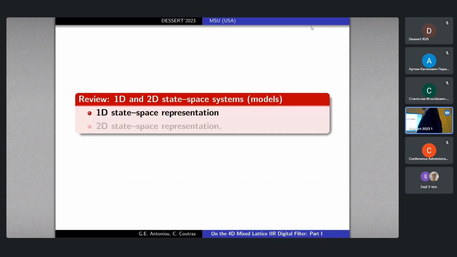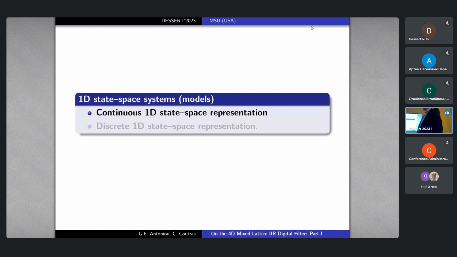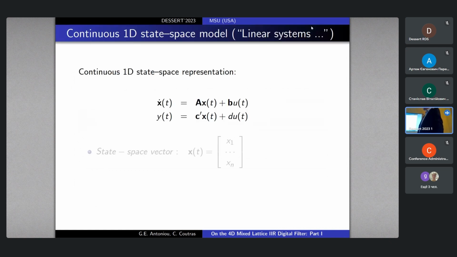Review. 1D state space systems. What is this? This comes from control systems. Okay, we have 1D state space, conventional, analog. We have 1D state space, digital. The continuous 1D is this, where u is the input, y is the output, and this is the state.